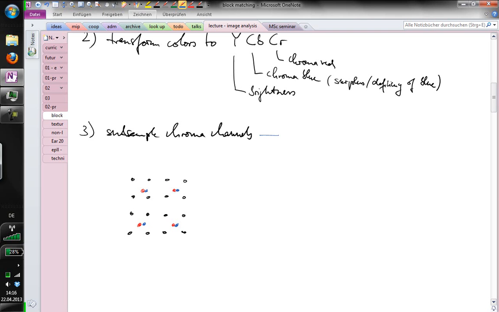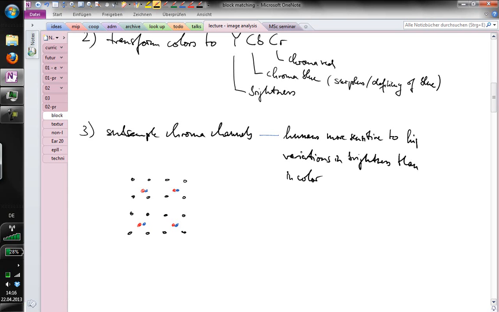So the reason here was that humans are more sensitive to variations in brightness than in color. So at least when we talk about high frequency variations. By high frequency, I mean patterns that span few pixels only.